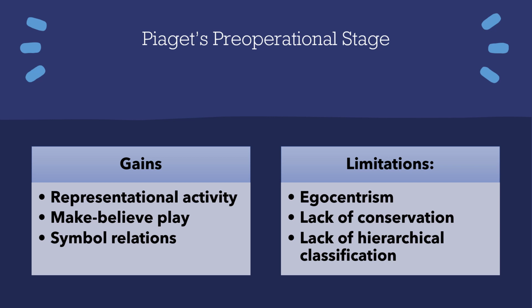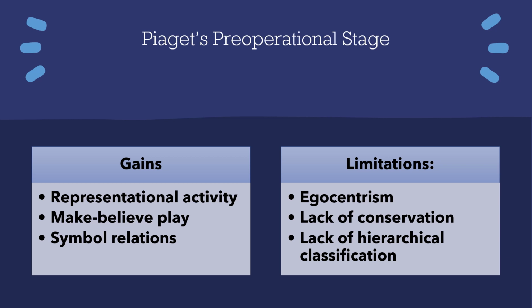Trying to get them to move back and forth between those 2 different levels doesn't work. So they will often say more red, because instead of comparing across the levels, they're comparing within one level, because they can't think across the different levels of a hierarchy.